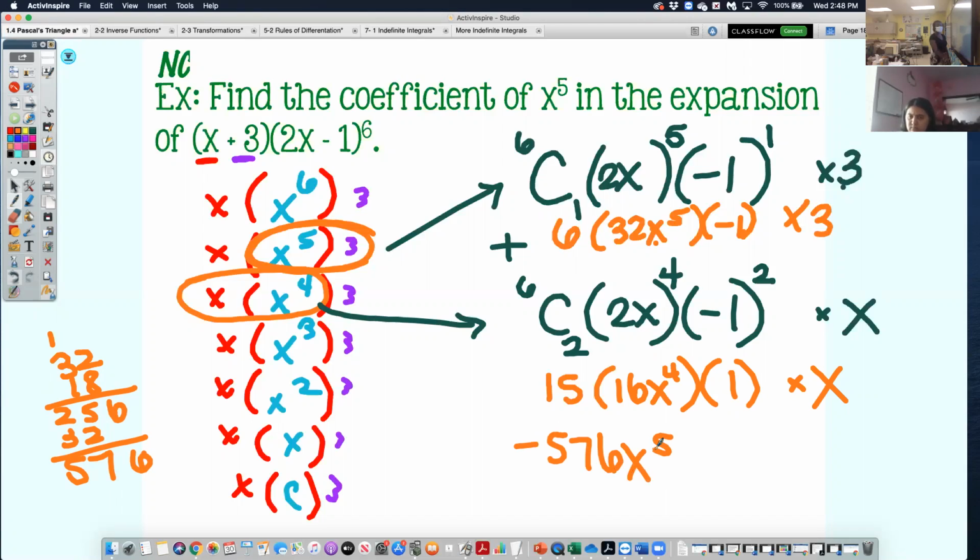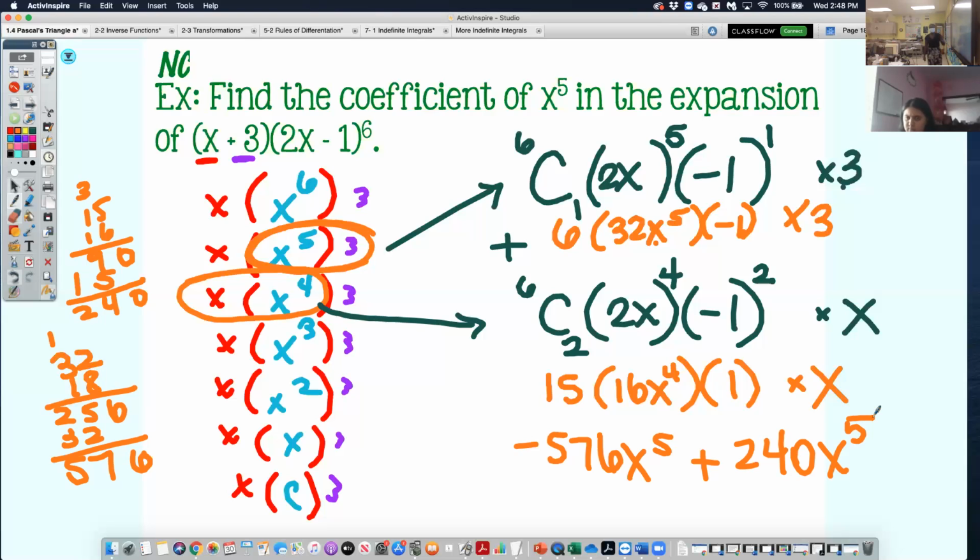That's me multiplying everything in the orange in the first section. That's going to be added to 15 times 16 times 1. It's going to give me a 240 x to the 5th.